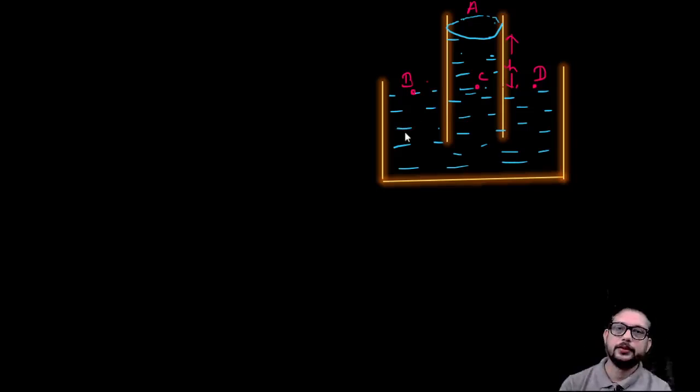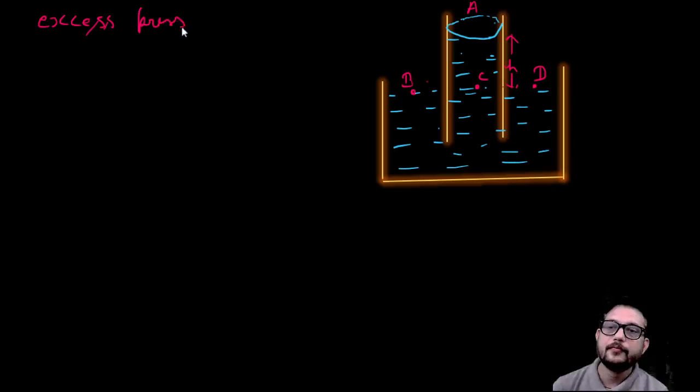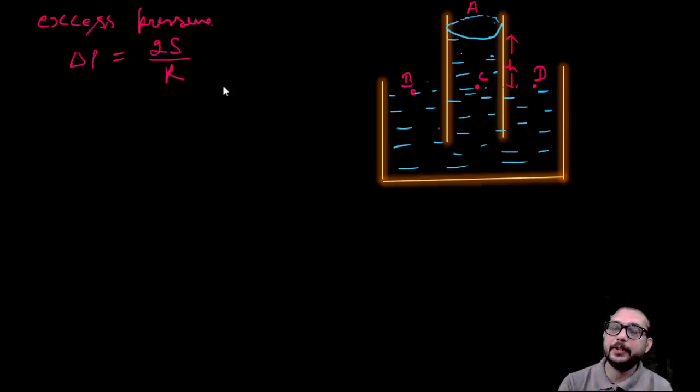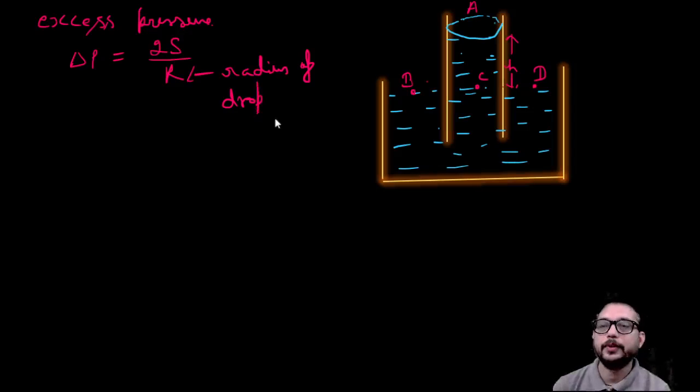Now we know the formula for excess pressure. So excess pressure, that is delta P, is given by 2s upon capital R. What is capital R? Capital R is the radius of the bubble or drop. So radius of drop, that is your capital R.